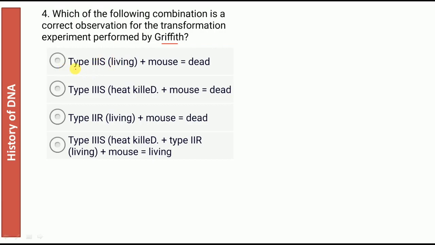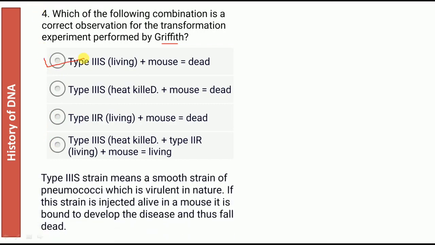Type 3 living plus mouse equals dead; type 3 heat killed plus mouse equals dead; or type 2 R living plus mouse equals dead. Which is the correct option? Instead of moving on to the next options, we found that A is already the correct option, and here comes a brief explanation about it.